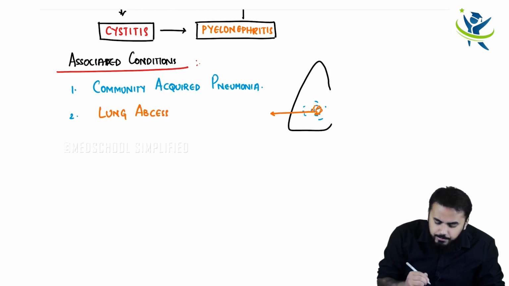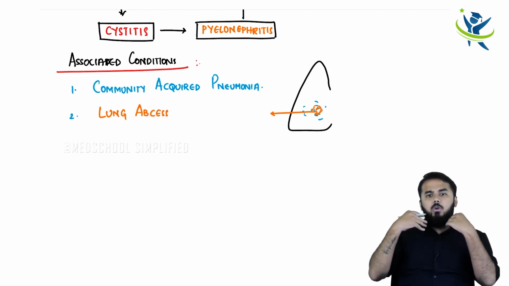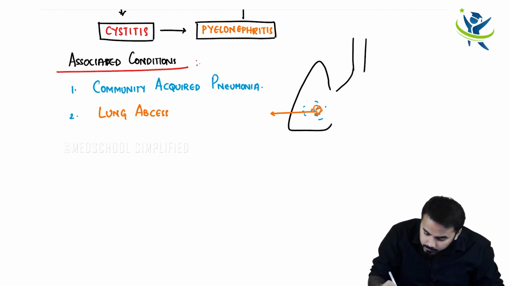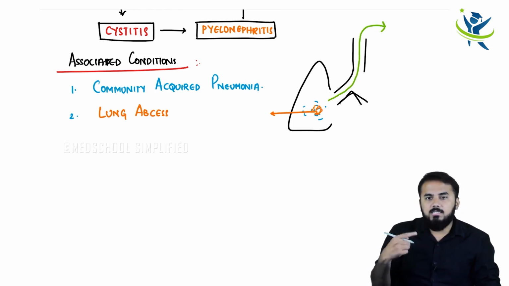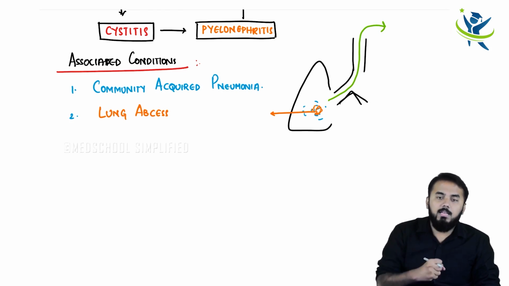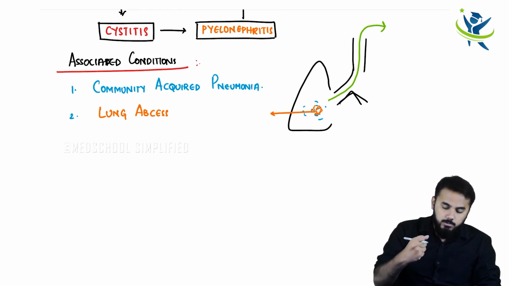Whenever there is an abscess, when the patient coughs, what will happen? The entire material is expectorated outside. So this comes in the form of a rusty sputum, right? This is called currant jelly sputum.